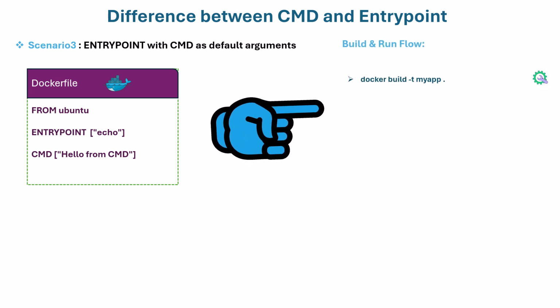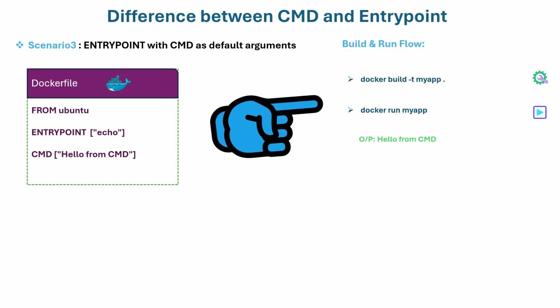Once the image is ready, let's run the container without passing any arguments. Now the output is hello from CMD, the argument within the CMD. That's because ENTRYPOINT is fixed and CMD provides default arguments.